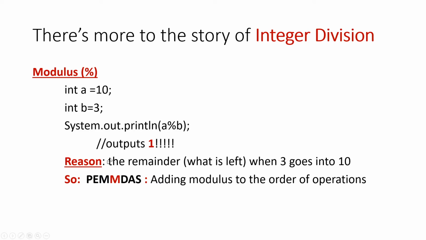So we need to add modulus to the order of operations, and it fits right in there with all the other division and multiplication coming before addition and subtraction. So please update your PEMDAS when you're Java programming to include modulus, something that only happens between two integers.